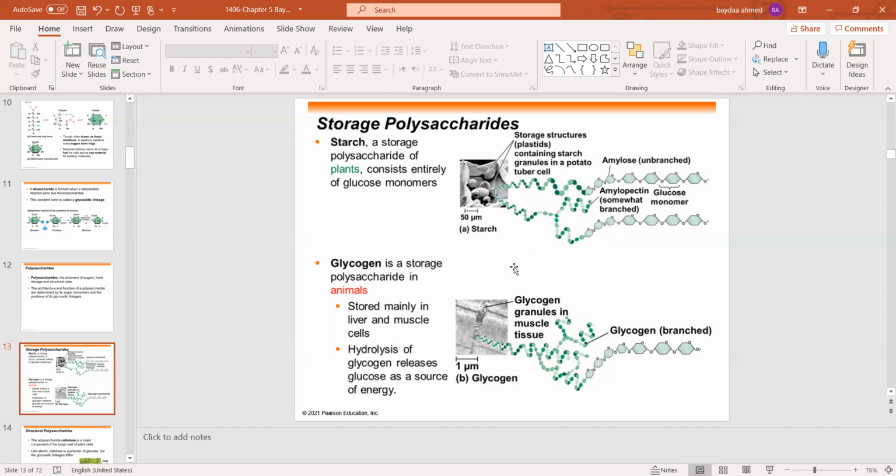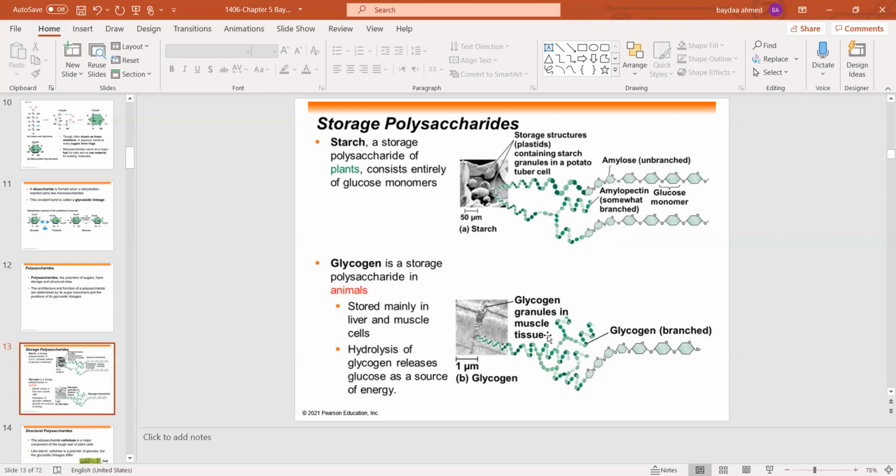Animals store a polysaccharide called glycogen. Glycogen is a polymer of glucose that is like amylopectin, but more extensively branched.